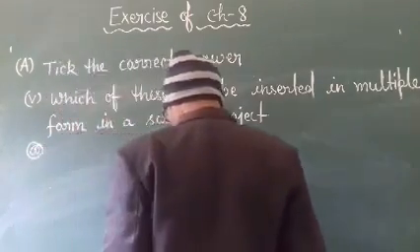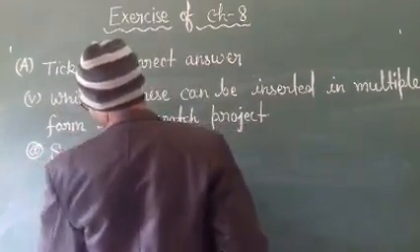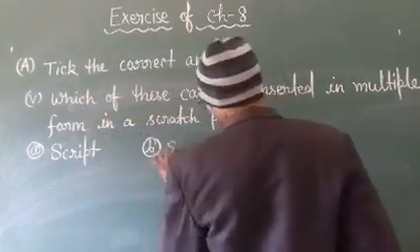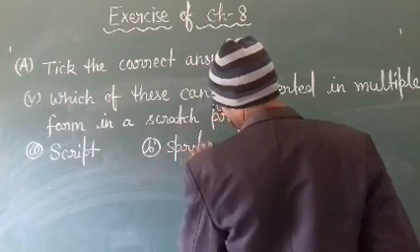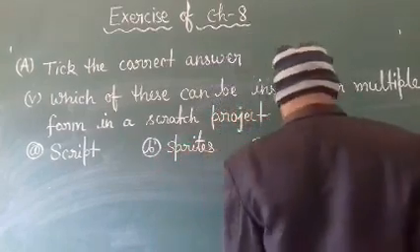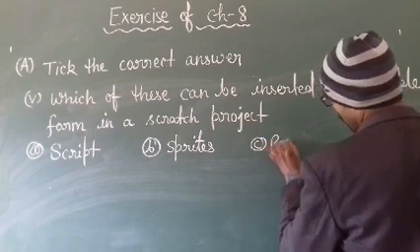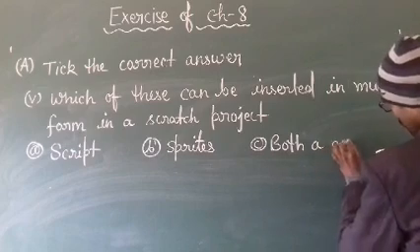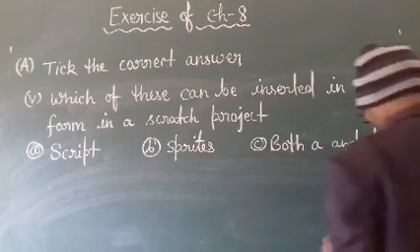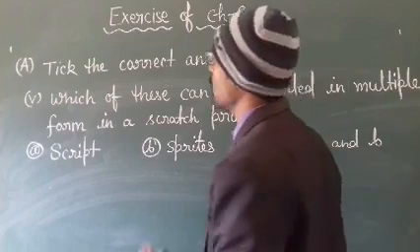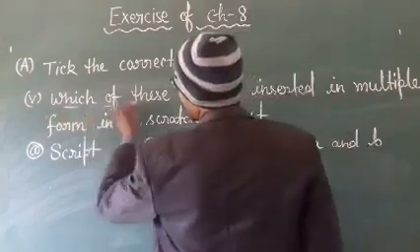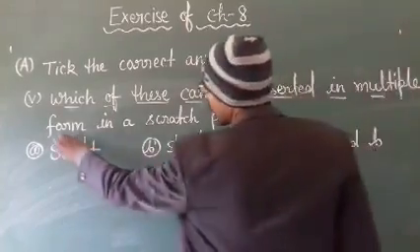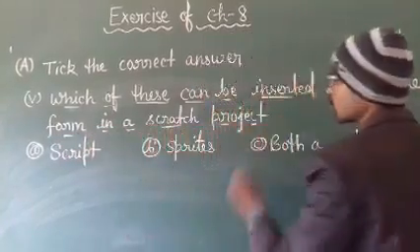Option number A is script, option number B is sprite, and option number C is both A and B. Okay, dear student, the question is asking which of these can be inserted in multiple form in a scratch project.